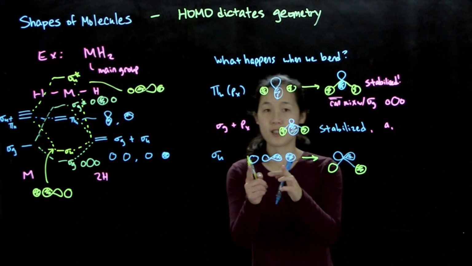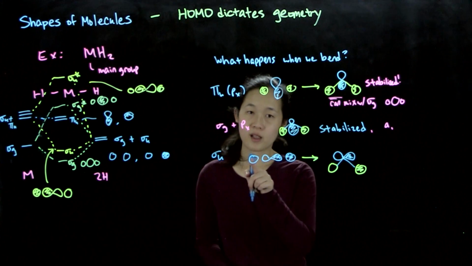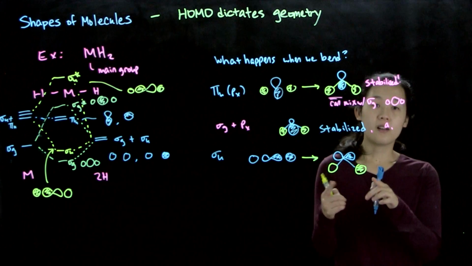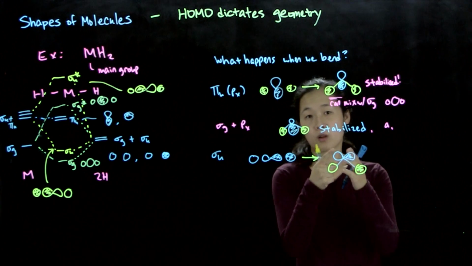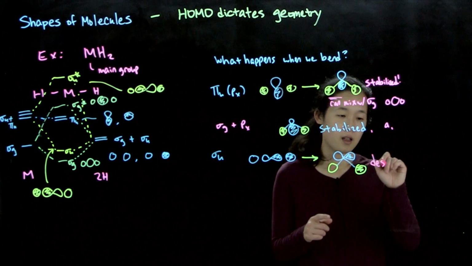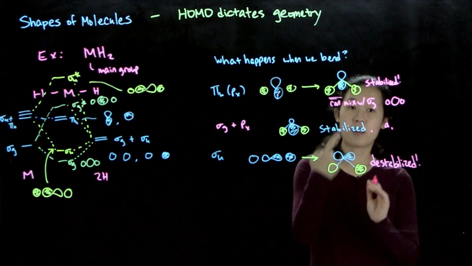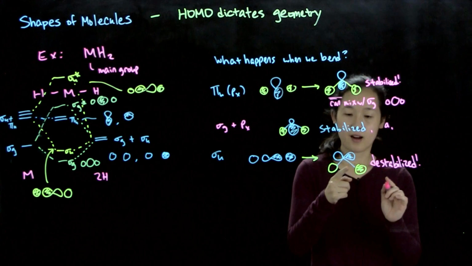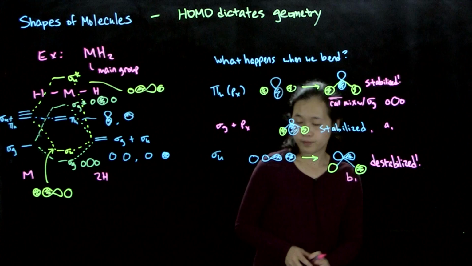So you can see we're going from this linear geometry where we have really good overlap between this p orbital that's pointing directly at the s orbitals of the H atoms to now here it's still in phase and sigma bonding, but you see that the overlap is less good because the p orbital is no longer pointing directly at this. So this is destabilized. So this has to go up in energy. So bending makes this sigma u orbital go up in energy. And I'll also point out that this is going to be our B1 representation in the C2v point group.